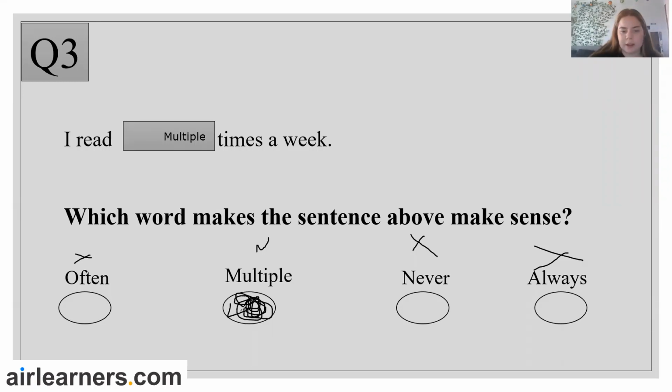And that there is our answer. So questions like these, you should always just go through each possible answer and try and eliminate some. But if you thought that often was the correct word, you should always go through each possible answer just to double check that you have the correct one. All right, let's head on to the next slide.